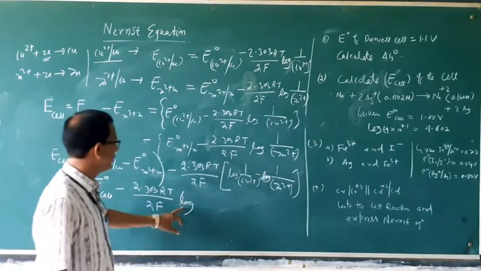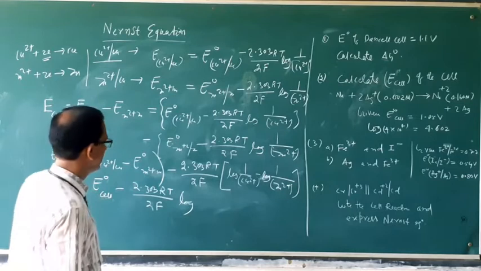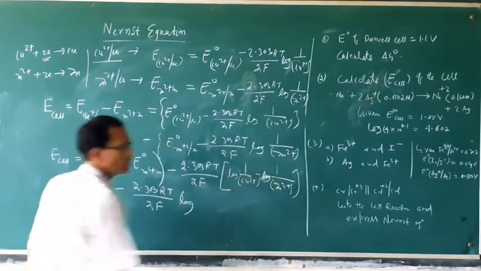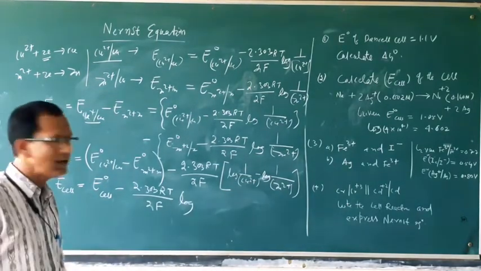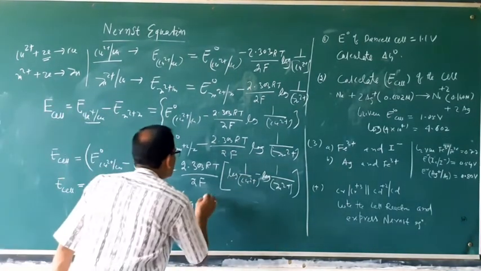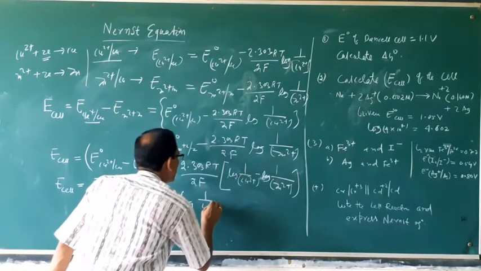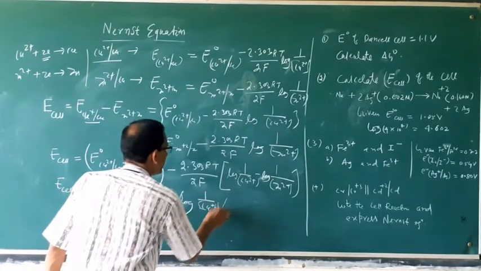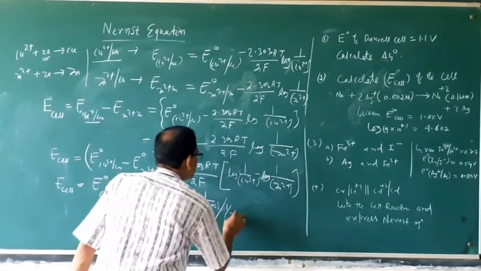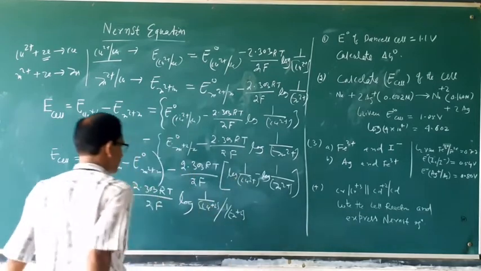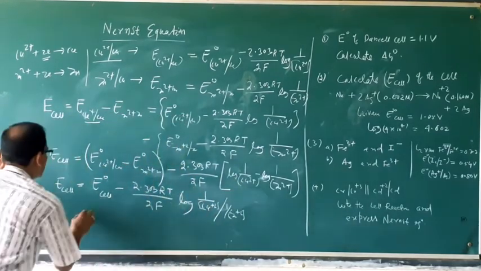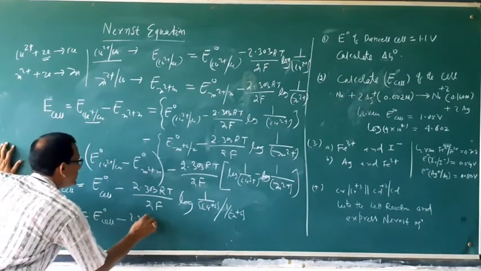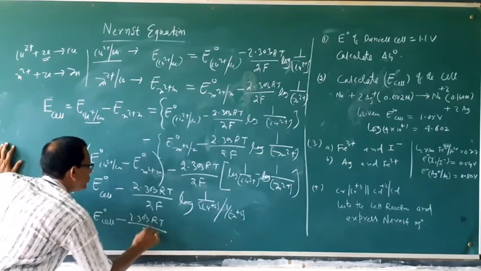Log A minus log B is equal to log A by B. So log of 1 by copper 2 plus concentration upon 1 by Zn2 plus concentration, which is equal to E naught cell minus 2.303 RT by 2F.